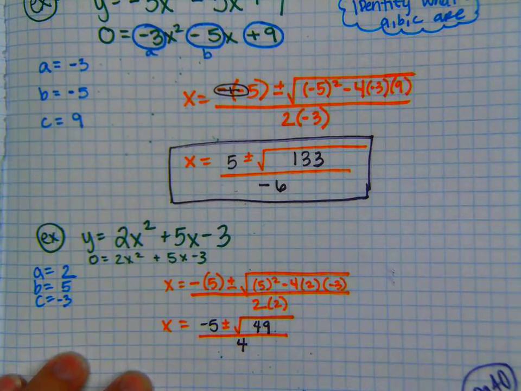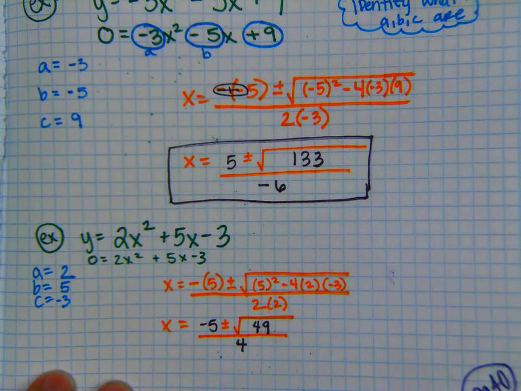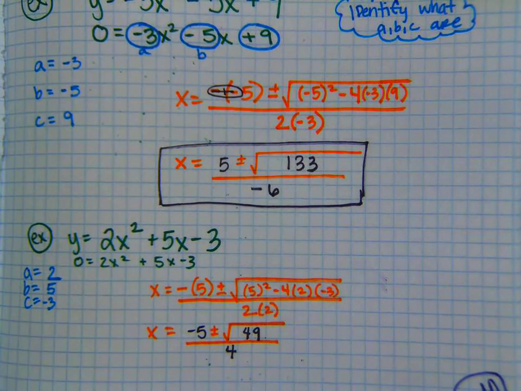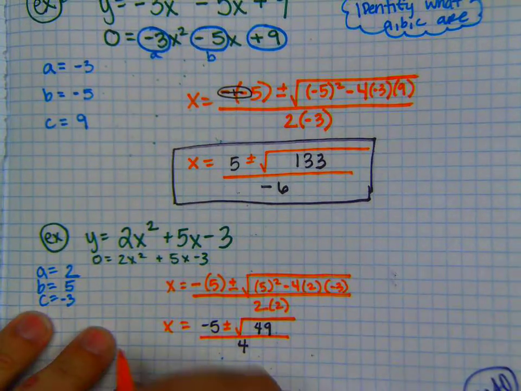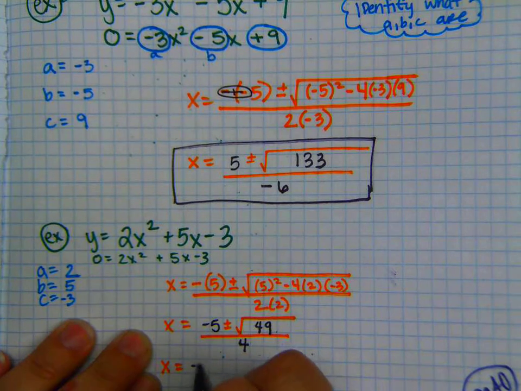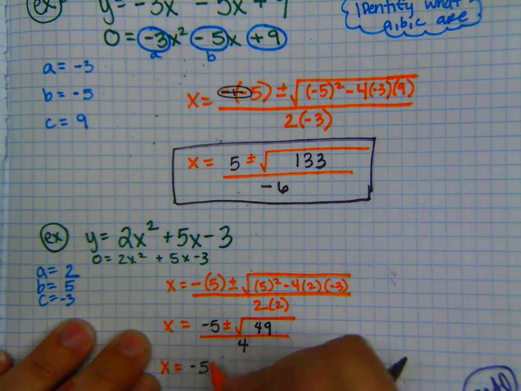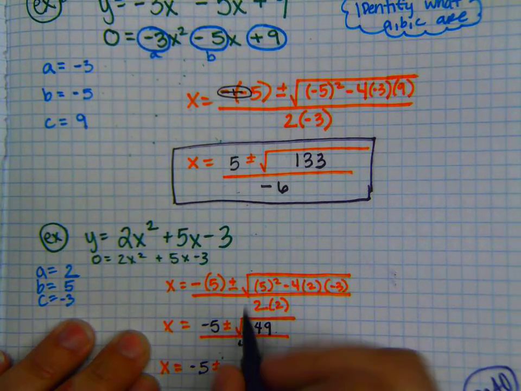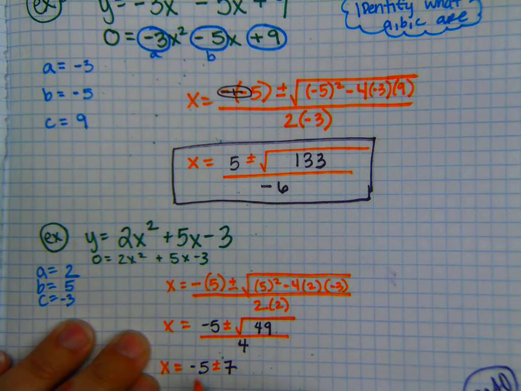Okay? Well, this time I have the square root of 49. Can I take the square root of 49? Yeah, right? What's the square root of 49? The square root of 49 is 7. So it's going to be negative 5 plus or minus 7 over 4. Okay?